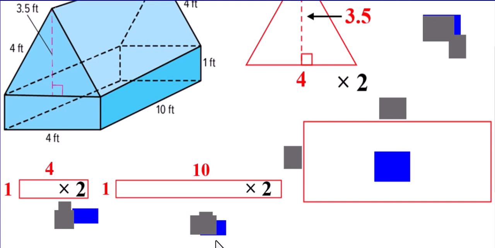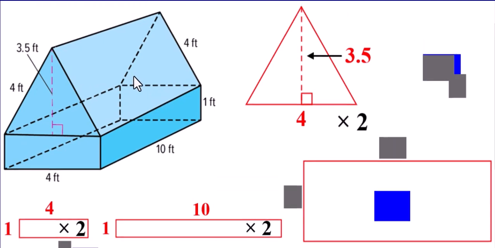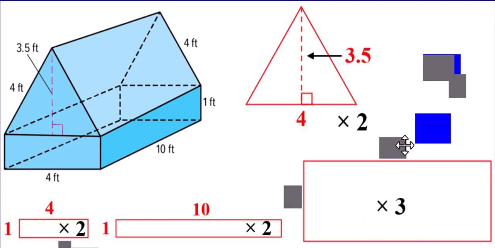There's 2 of those. And then we got the big rectangles, the one here on the right and the one that's kind of in the left. 2 of those. They are 10 feet long. You can see here the length going here would match the length going here. And the width is 4 feet here on the slant. So there you go, 10 by 4.